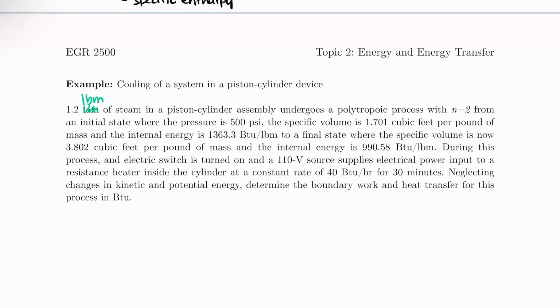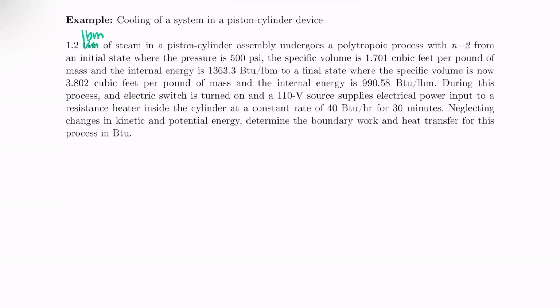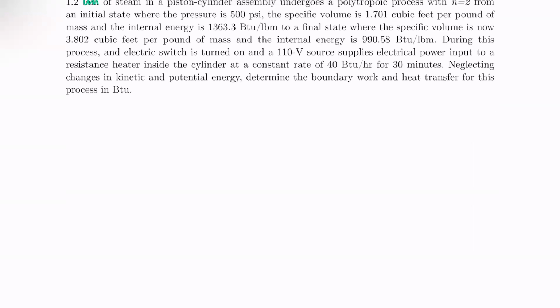It was a lot of words, a lot of numbers, a lot of things. I suggest always starting a problem with drawing a picture if you're not given one, along with writing down with appropriate symbols all the information that's given to you. So let's start there. So we have a cylinder and a piston assembly. Generally, if it's not told to you that it's a horizontally oriented piston, they go this way.